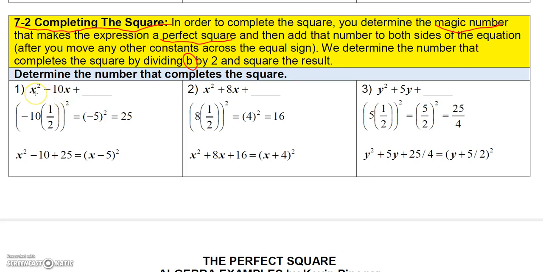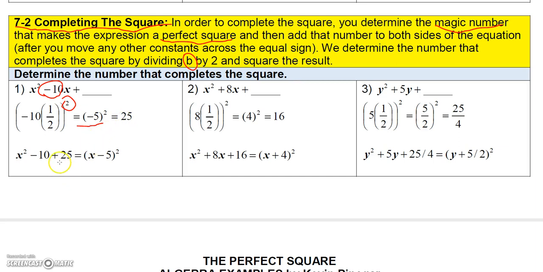So basically here we have x squared minus 10x, and I'm going to figure out what number I need to add that makes this a perfect square trinomial. So you're going to take half of negative 10, so we multiply negative 10 times a half, and then we square the result. Well, negative 10 times a half is negative 5, and negative 5 squared is 25.